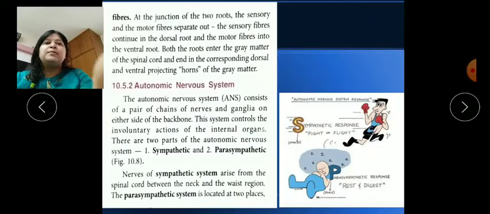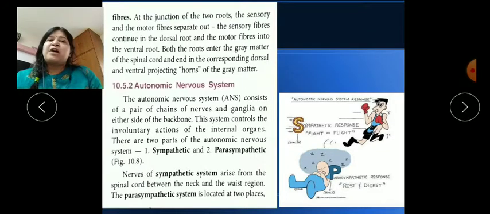This is called the sympathetic response, okay, where your heartbeat increases. After that, suppose your parents or teacher do not give you punishment, and your parents just overlook whatever you did, okay.